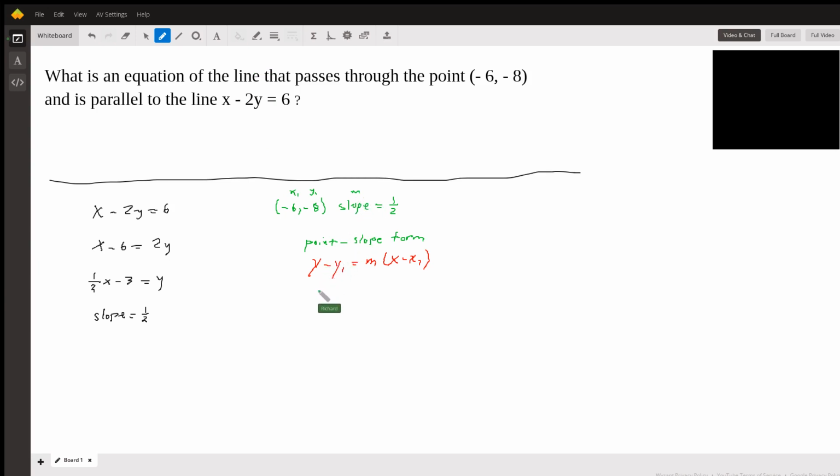So I'm going to continue with this. So it's going to be y plus 8, rather, sorry. This is y minus -8 equals 1/2 and x plus 6.